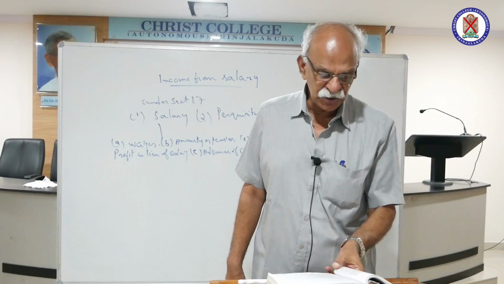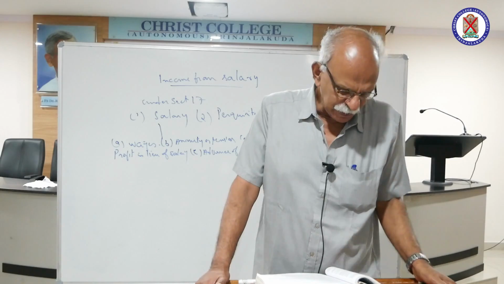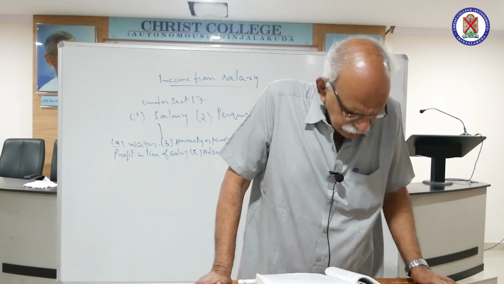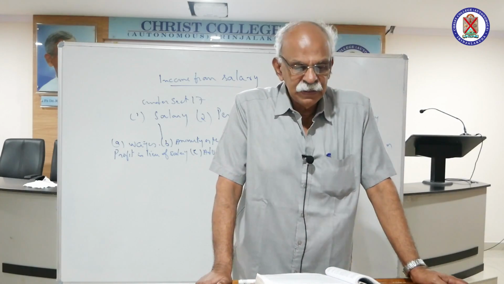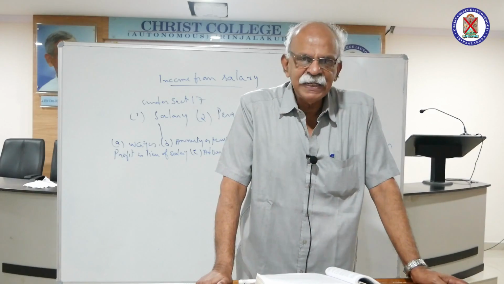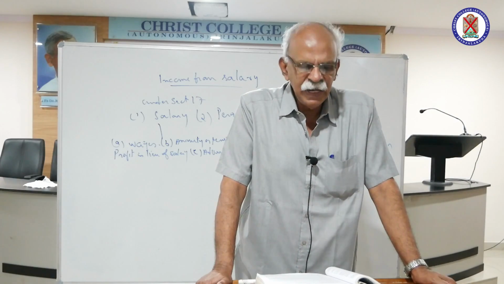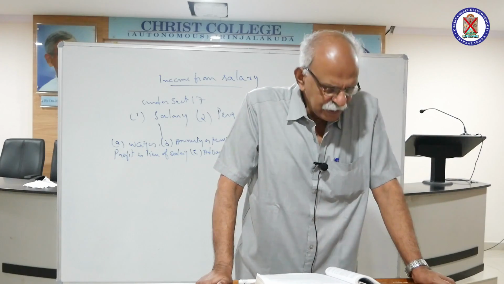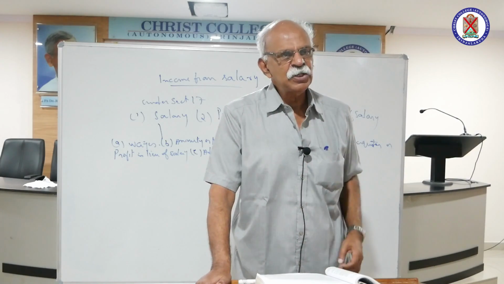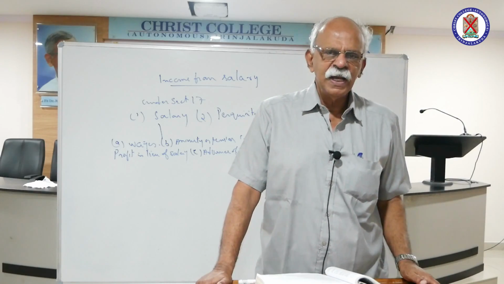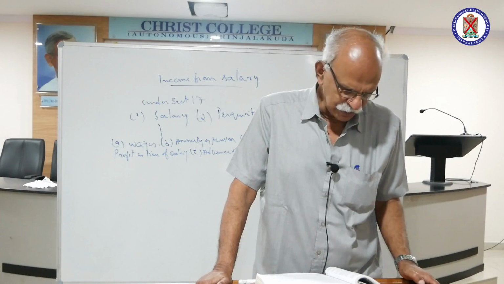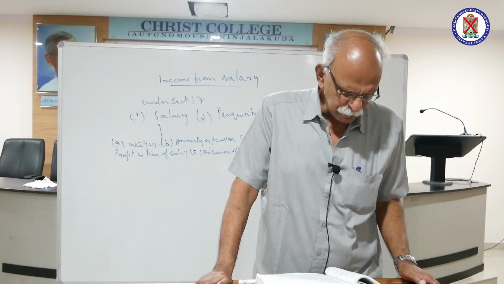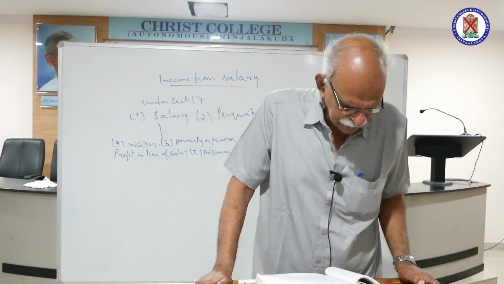Let us first see which are taxable allowances. Dearness allowance and additional DA. DA or dearness allowance, that is given by the employer to employee to meet the high cost of living index, to compensate on account of high prices.